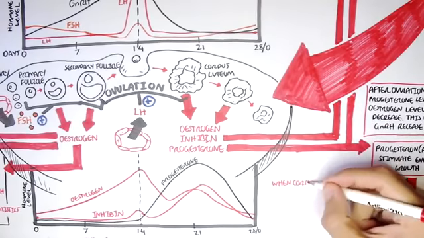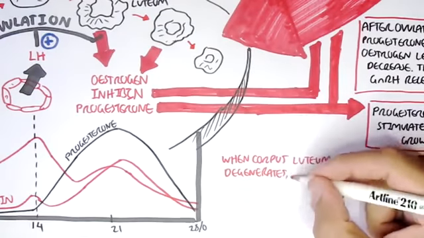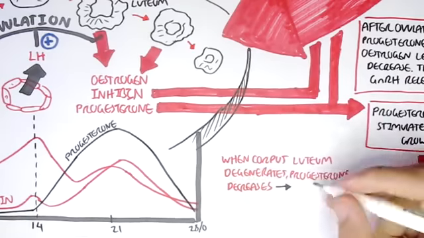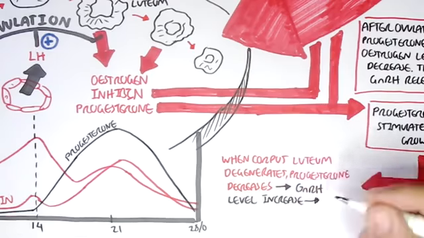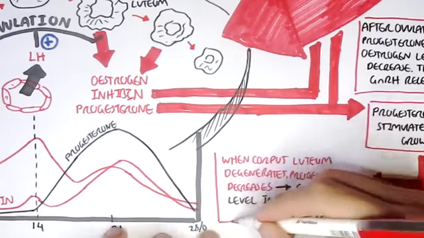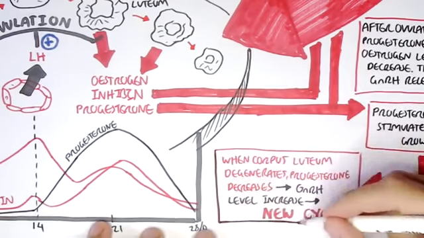When progesterone decreases, it cannot inhibit gonadotropin-releasing hormone release, and so gonadotropin-releasing hormone levels will increase. And this will allow a new menstrual cycle to occur.